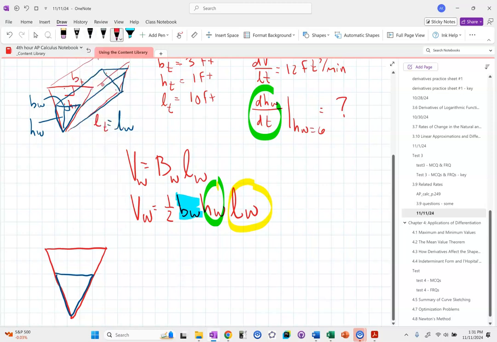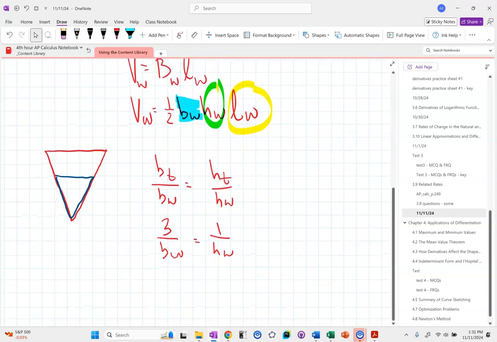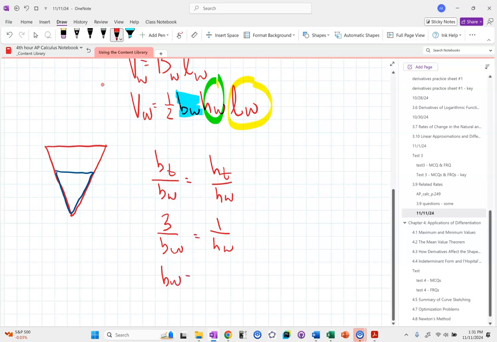So I'll say that BT over BW equals HT over HW, sorry. Now, the trough is 3 feet by 1 foot. So if I cross multiply, BW is equal to 3 HWs.